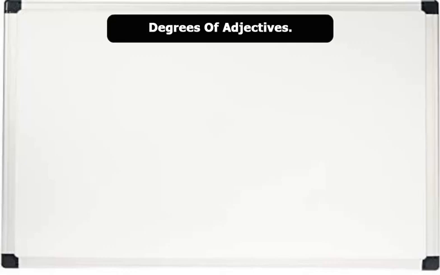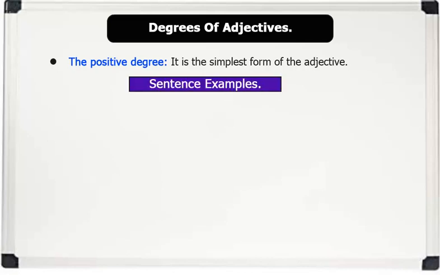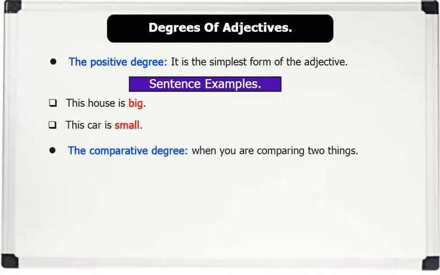Degrees of adjectives. 1. The positive degree, it is the simplest form of the adjective. Sentence examples. A. This house is big. B. This car is small. 2. The comparative degree, when you are comparing two things.